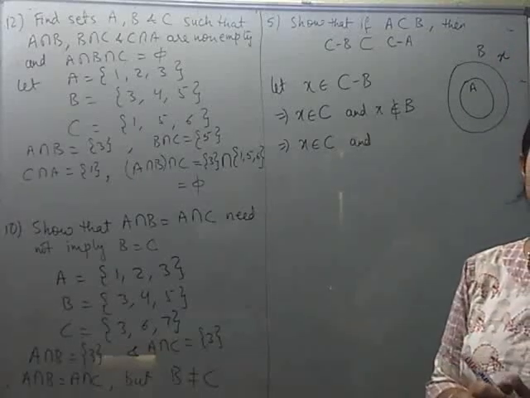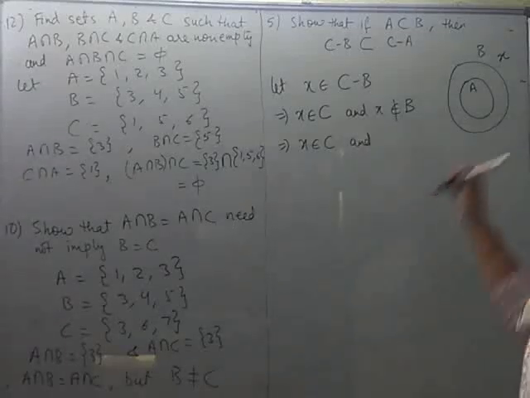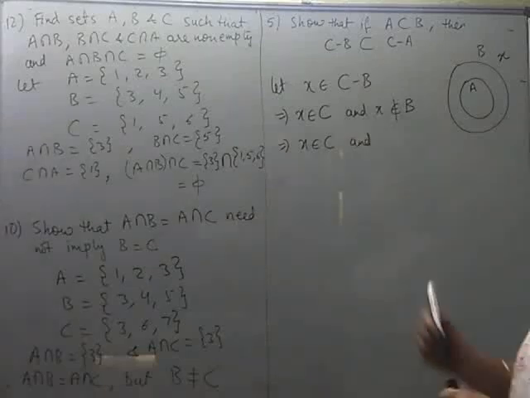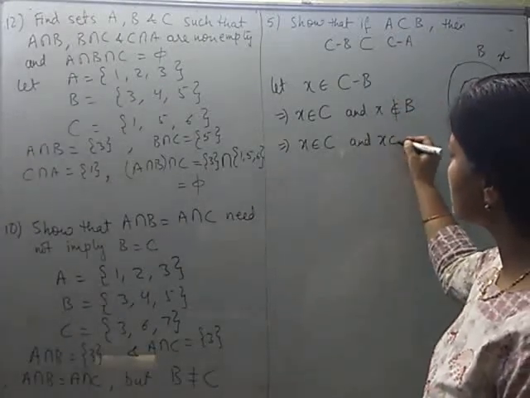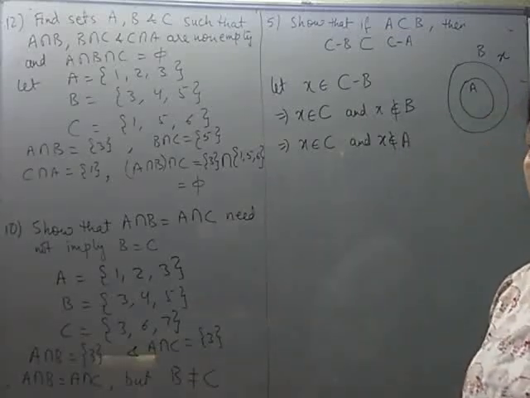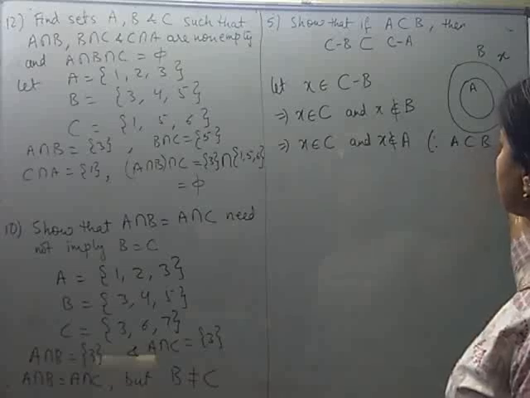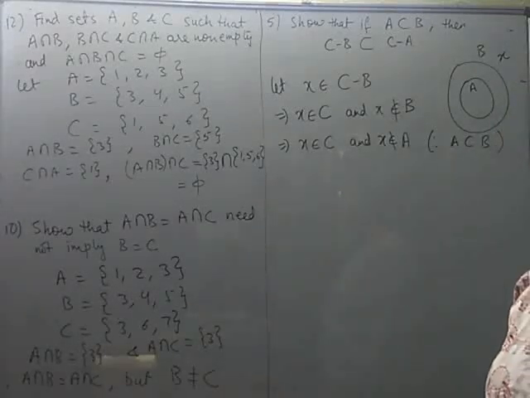It will be outside B. Not in B means not in this region, outside anywhere. So if x is not in B, obviously it will not be in A. So I can interpret this part as x does not belong to A. Reason you can write, since A is a proper subset of B. So whatever is missing from B will also be missing from A.